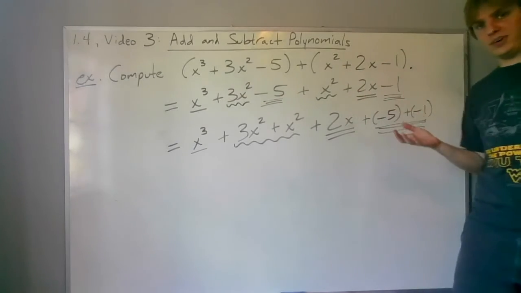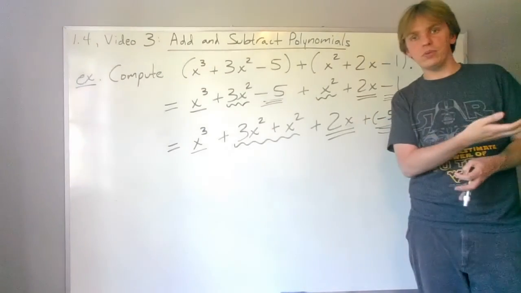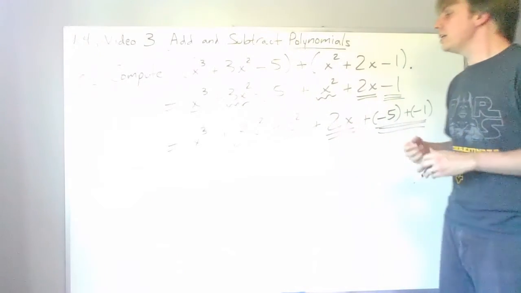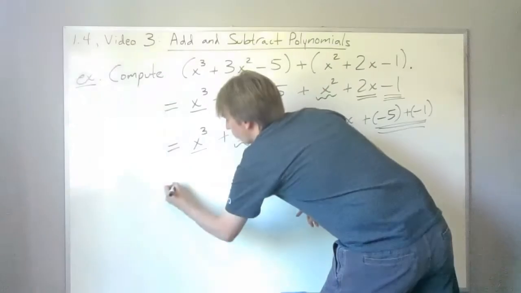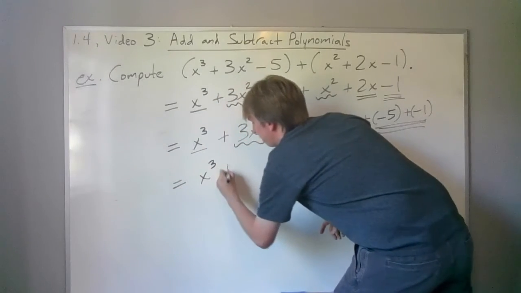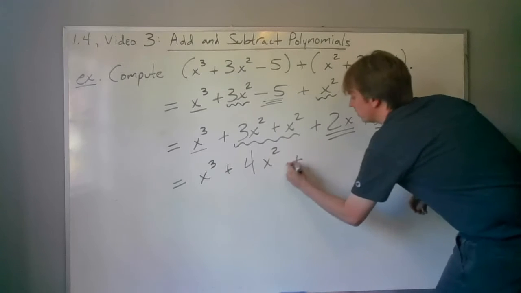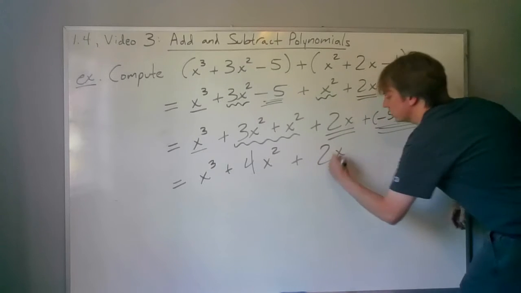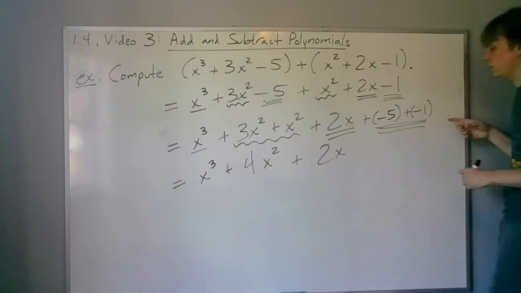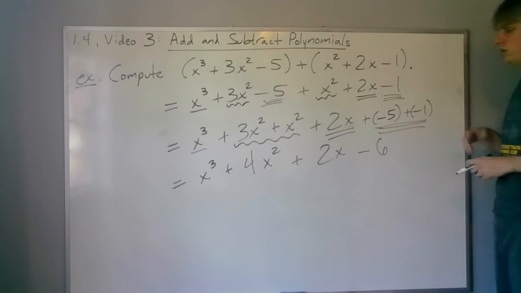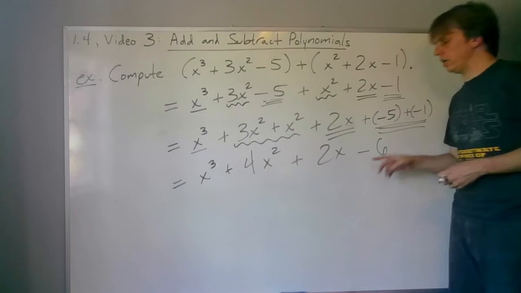No, that doesn't work. 3 apples plus an apple is 4 apples. It's not apples squared or something. So 3 plus 1 would be 4 of these, plus 2x, and negative 5 and negative 1 would be a total of negative 6. A $5 debt and another $1 debt is a total of $6 debt.